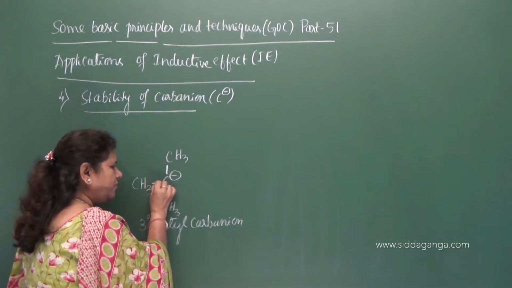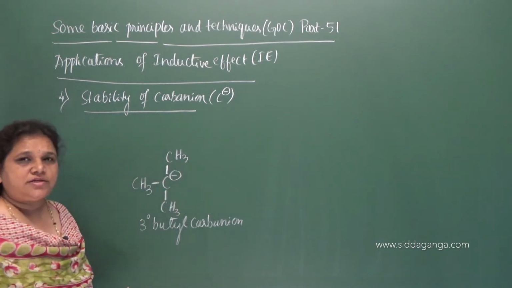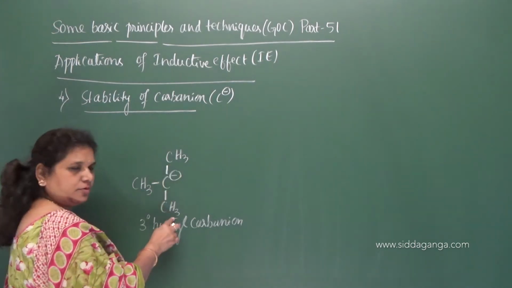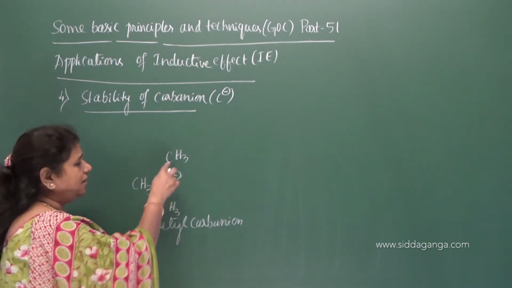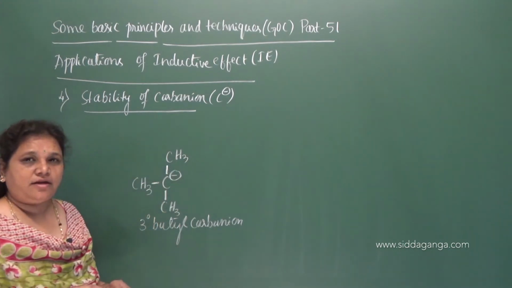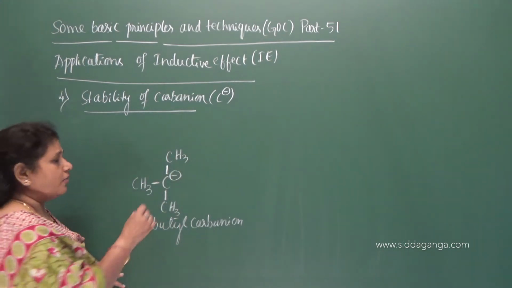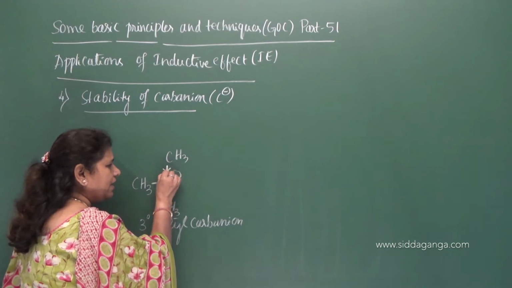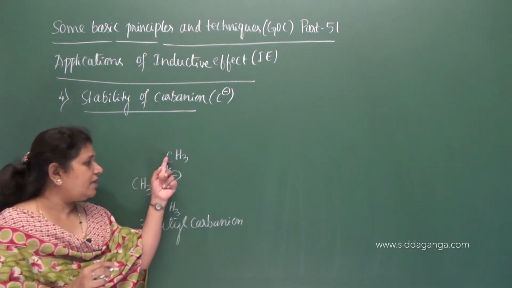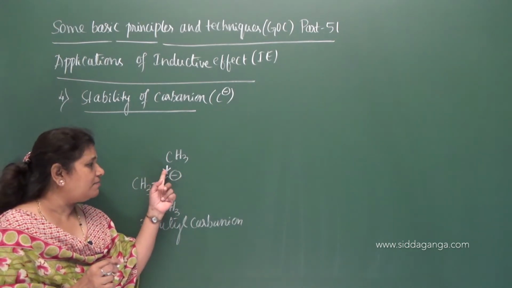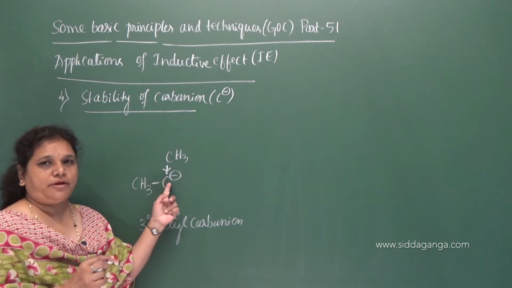Now what are the groups attached to the negatively charged carbon? Methyl groups. How many methyl groups are there? Three methyl groups are there. What is the nature of the methyl group? It is electron releasing, meaning it displaces the sigma electron towards the carbon.